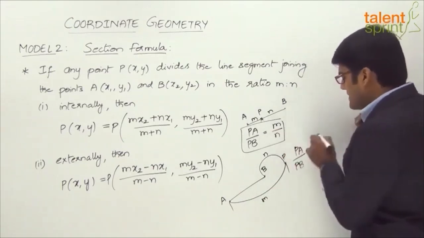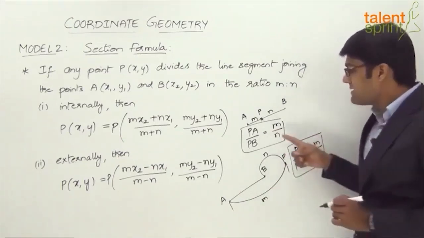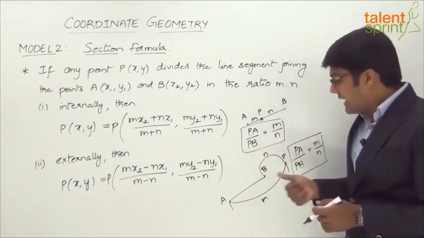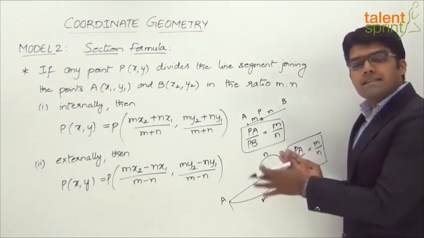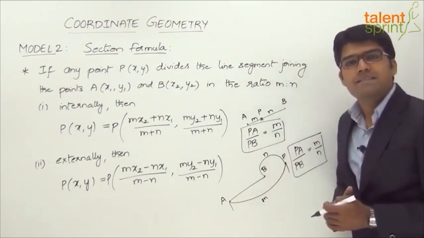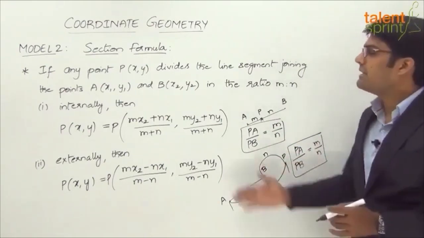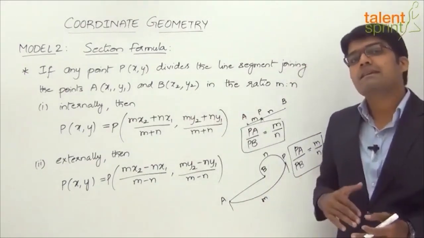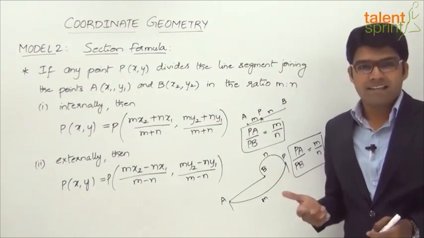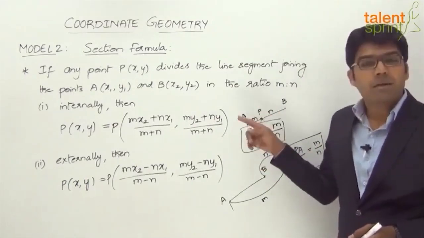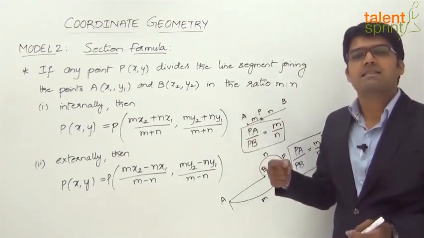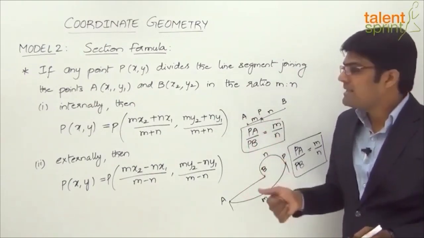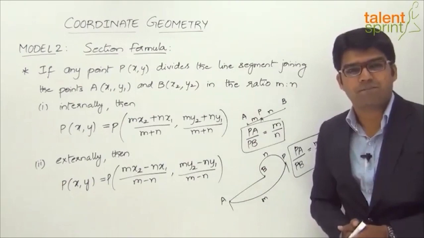So similar to the earlier case, PA by PB equals m is to n, but the difference is that earlier P was on the line segment between the points A and B, and in this case P is outside the line segment joined by the 2 points A and B. So simply understand that the coordinates of such a point will be (mx2 ± nx1)/(m ± n), (my2 ± ny1)/(m ± n), plus if it divides in the ratio m is to n internally, and minus if it divides externally.